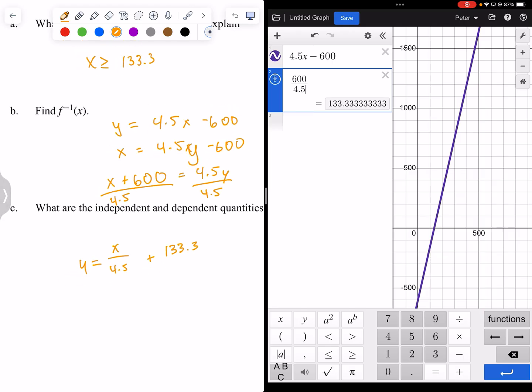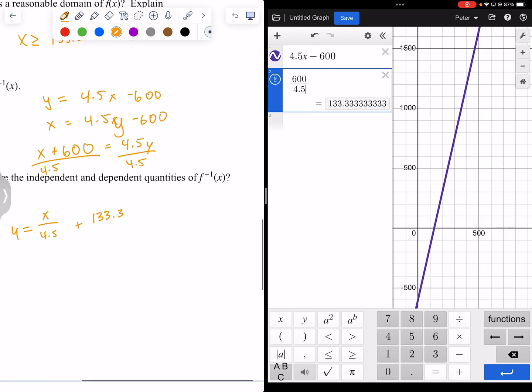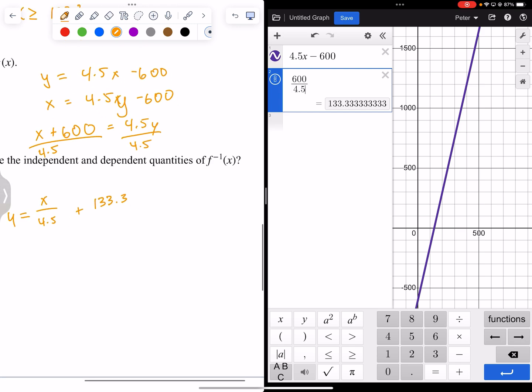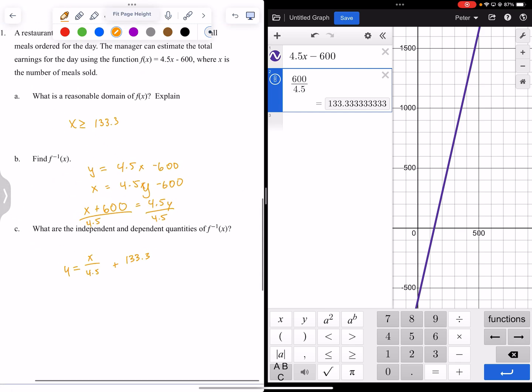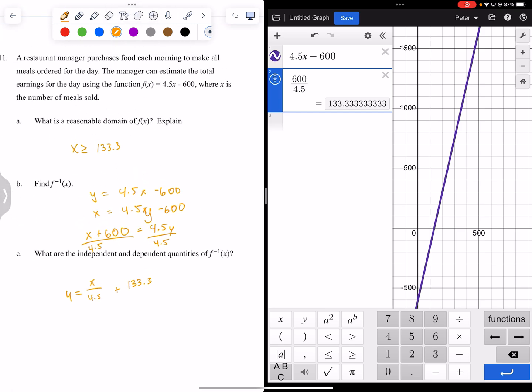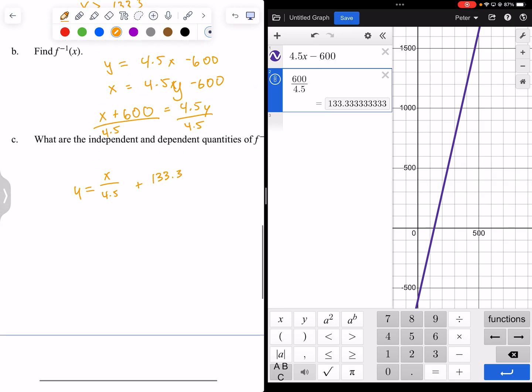y equals. All right, what are the independent and dependent quantities of f of negative 1? X is the total number of meals sold. Now x is your earnings because it gets flipped, and y is your meals.